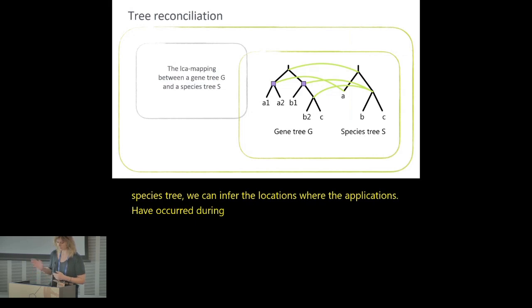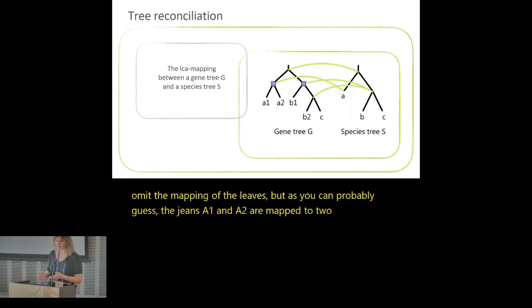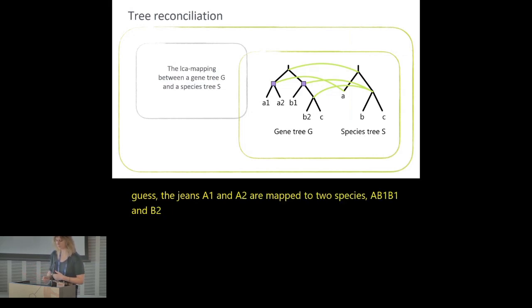And here we omit the mapping of the leaves, but as you can probably guess, the genes A1 and A2 are mapped to species A, B1 and B2 to species B, and so on.